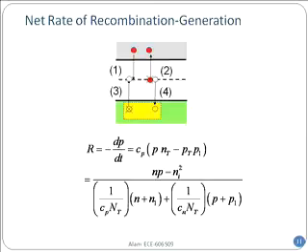But before I proceed, let me quickly ask you something. You see, in this one, if I wanted to look at equilibrium, the rate must be 0, right? And then the only way this whole thing can be 0 is if Np is equal to Ni squared. So this is an important statement. When we derived the law of mass action, we just multiplied two things and Ni squared came out.